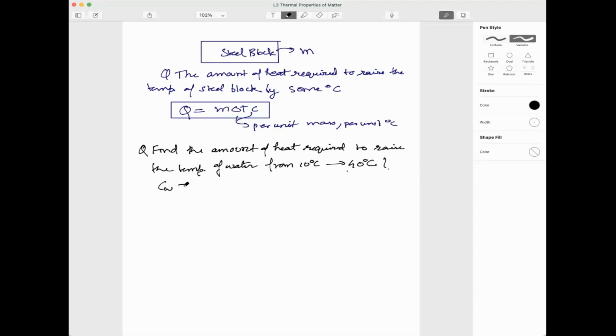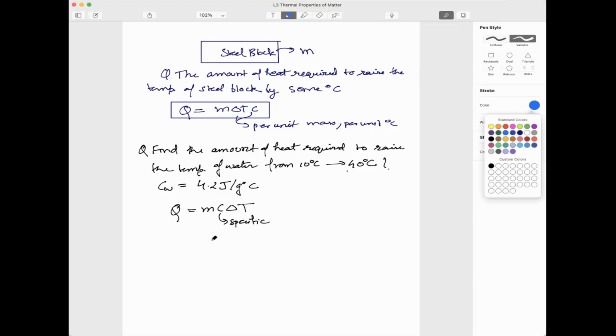The specific heat of water is 4.2 joule per gram degree centigrade. We need to find Q, that is M C delta T. C is the specific heat, and the change in temperature we also know. What we don't know is mass. The mass is also given, that is 2 gram.